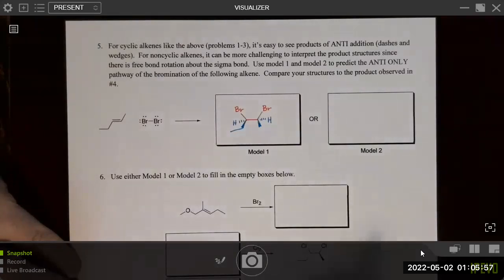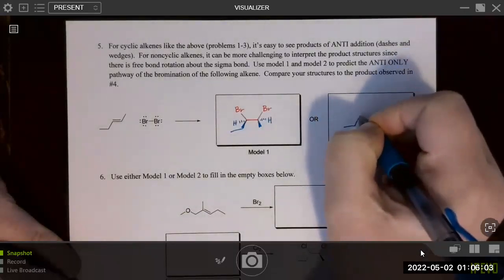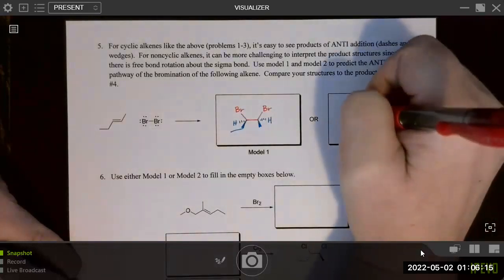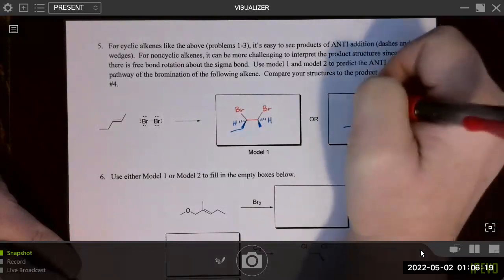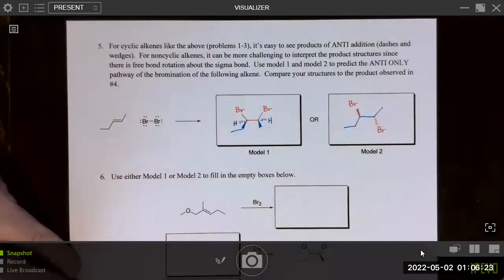Let's do the carbon backbone in blue. We want to just keep this looking like it is. We're going to keep the carbon backbone in the plane, and then we're going to add in the bromines on a dash and a wedge. You can choose which one you put on which side. We have bromine coming out and bromine going back.